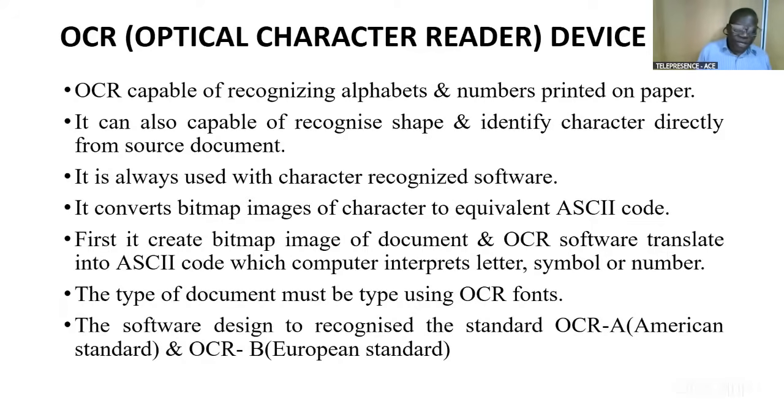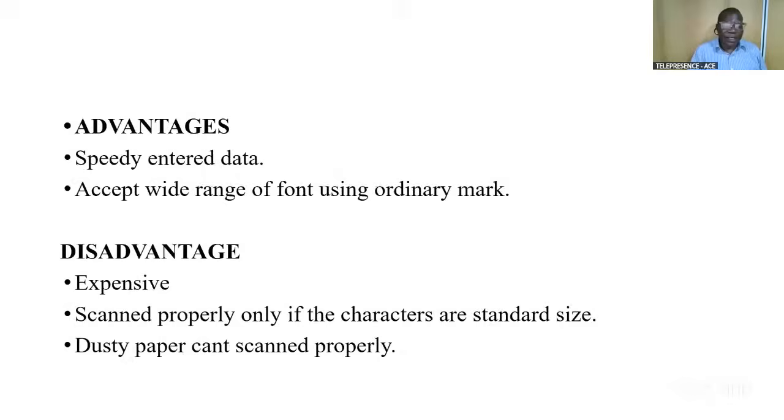First, create a bitmap image of the document, and the OCR software translates it into ASCII code, which the computer interprets as a letter, symbol, or number. The document must be typed using OCR forms. The software is designed to recognize the standard OCR-A, the American standard, or OCR-B, the European standard.